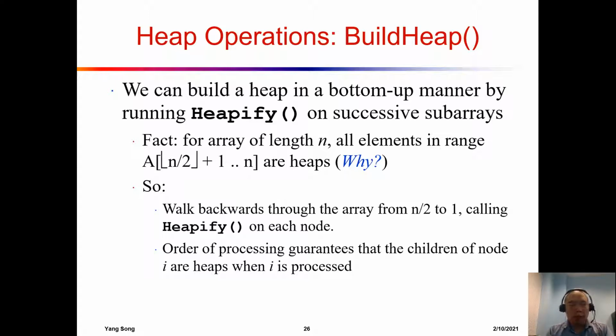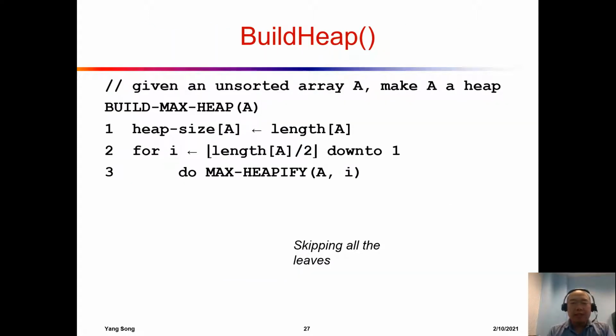So what does that mean? When we are building a heap, we only have to touch the first half of the values, and that should be enough. Let's see the code. We are touching the values from the middle index down to 1.